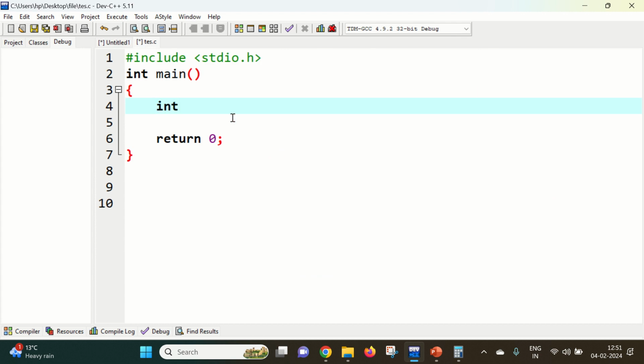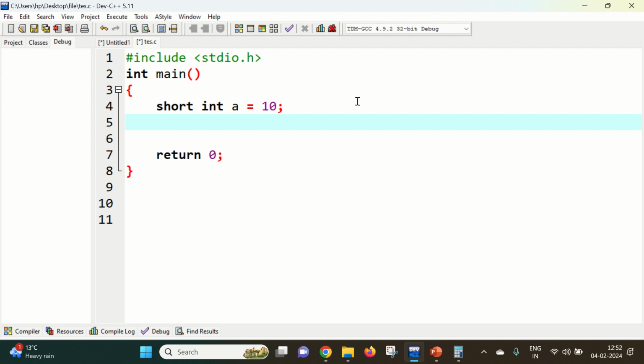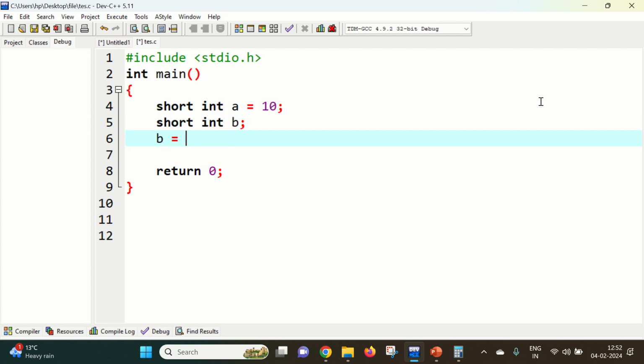So I'm taking a short integer a, and suppose the value is 10. For simplicity I'm taking 10, so a is equal to 10. After that I'm taking one more short integer b, and I'm writing b is equal to 1's complement of a.